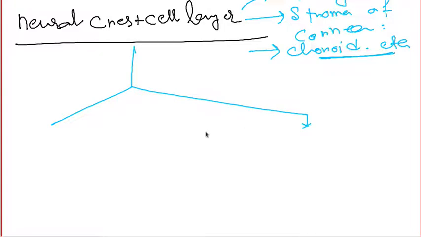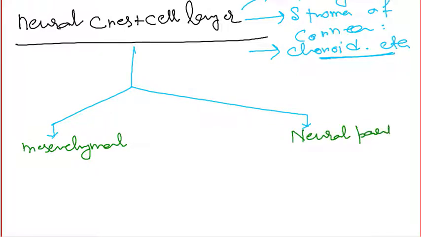One is the mesenchymal part, and the other is the neural part. Okay, so these two layers will give rise to different types of structures.